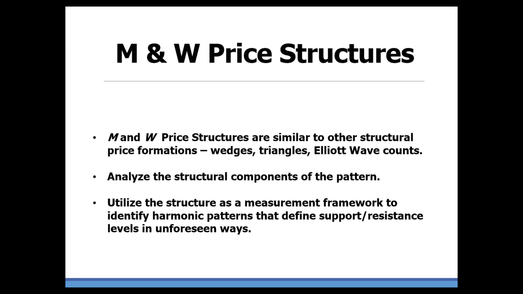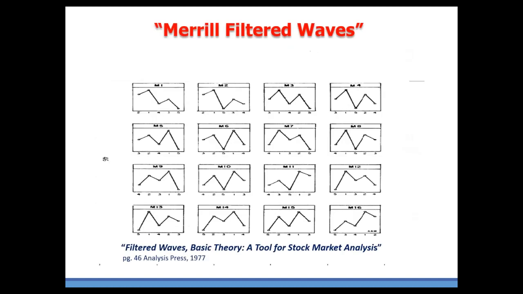We utilize the structure as a measurement framework to identify harmonic patterns. That defines our support and resistance levels in unforeseen ways. Those are the harmonic levels that we're looking at. I would attribute one of the prominent forefathers of all of this to a gentleman named Arthur Merrill. In his book Filtered Waves back in 1977, he released a categorization of nearly 40 different types of M and W zigzag formations.